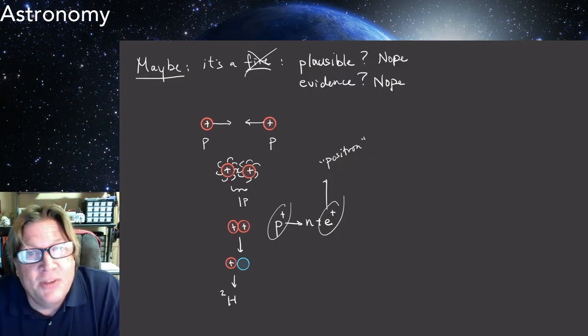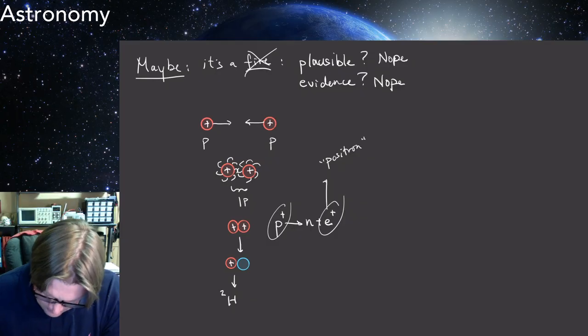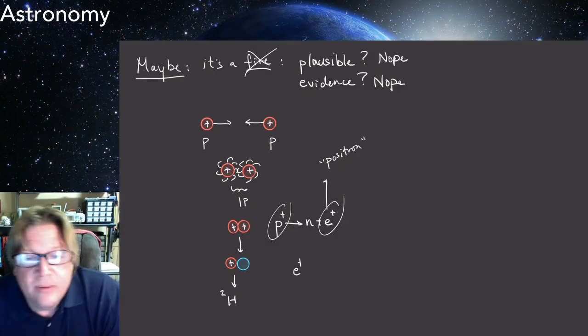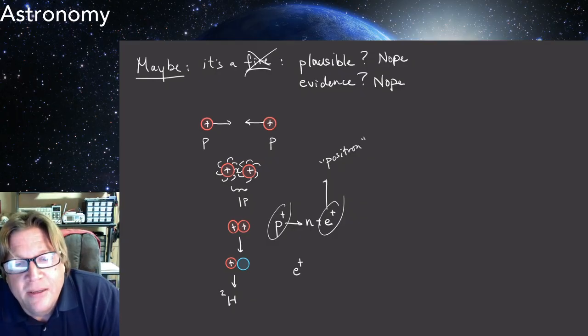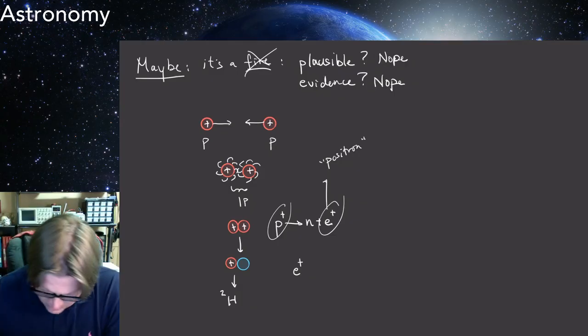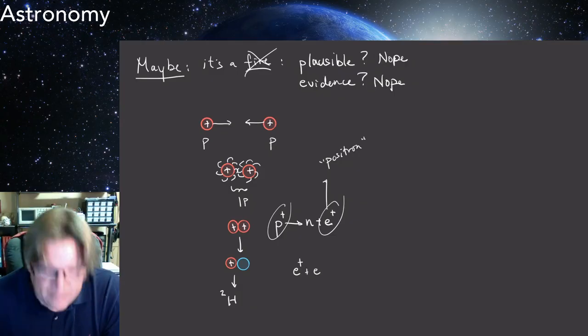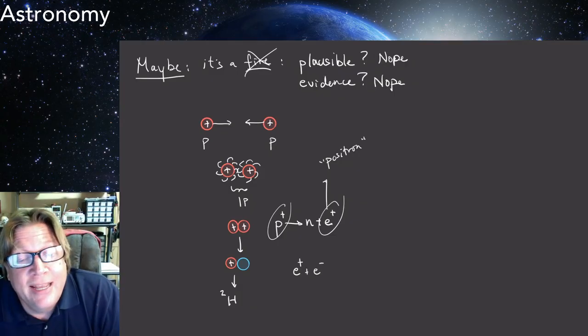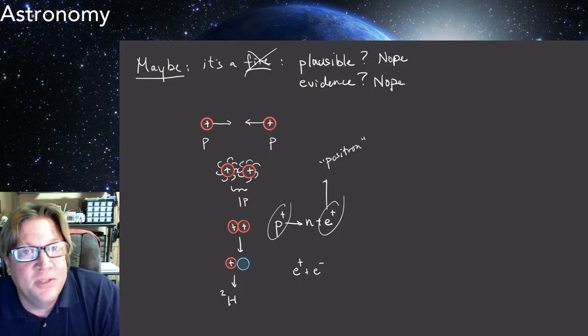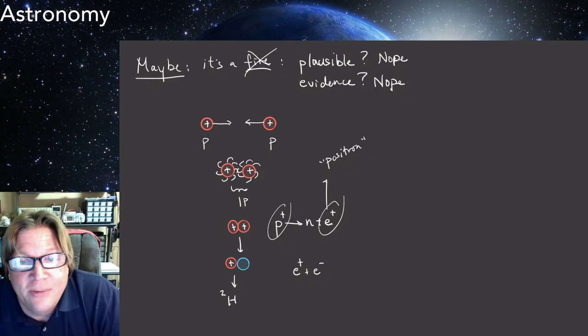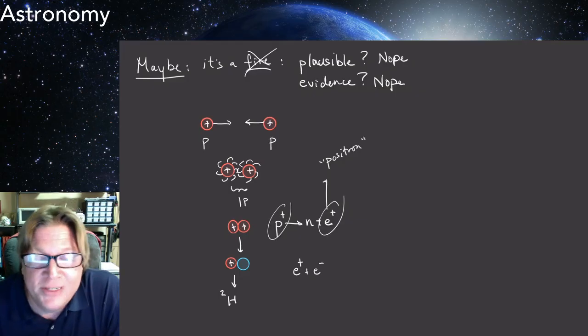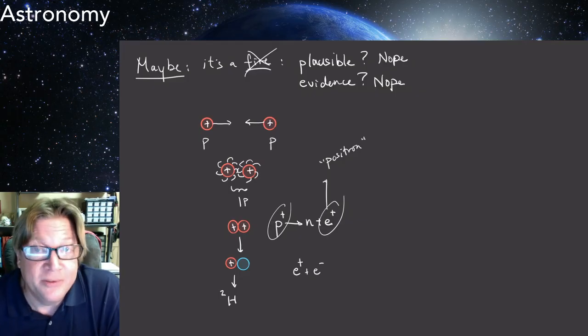By the way, what happens to this little positron? Notice it's going to be really attracted to a negative charge like a regular electron. And in the center of the sun, there's all sorts of regular electrons just bouncing around because it's so hot they've been stripped off from the hydrogen atoms. And so it takes almost no time at all for this positron to find an electron because they're attracted to each other.